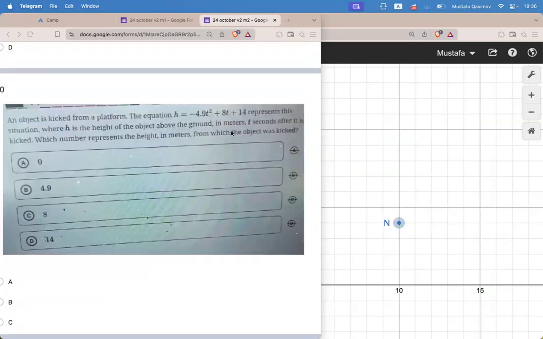Then when it says start, when it says from what date it was counted, it means that it is y-intercept. So if it is y-intercept, answer will be 14.